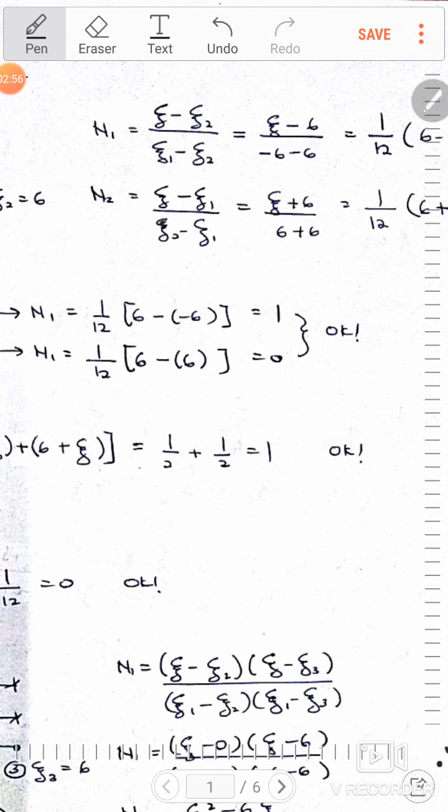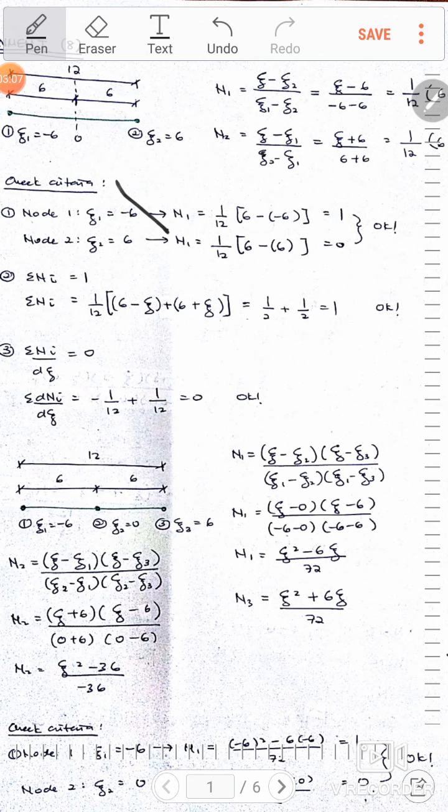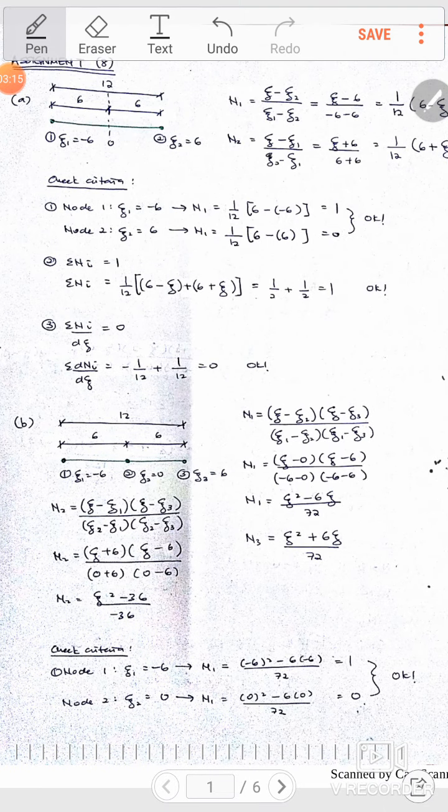Here xi is unknown, and xi 2 is 6, so just substitute 6 here. And xi 1 is minus 6, minus 6 for xi 2.